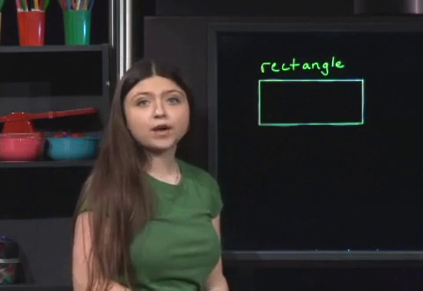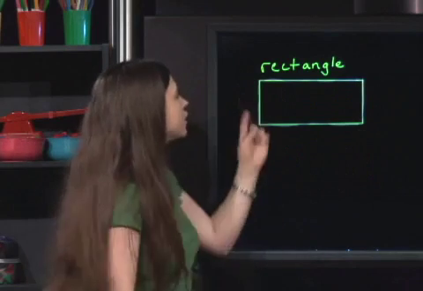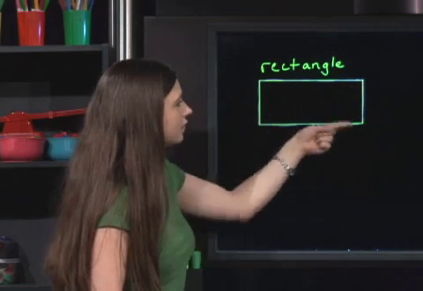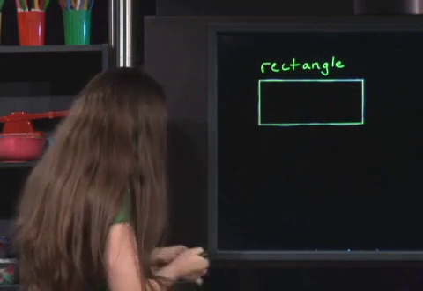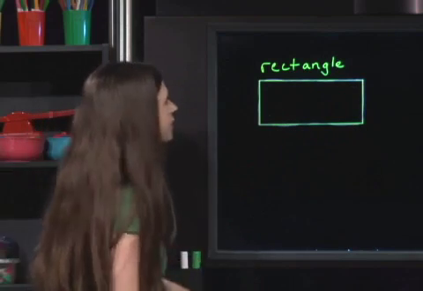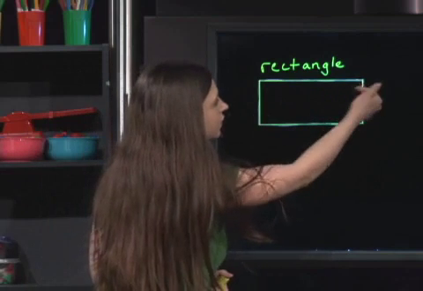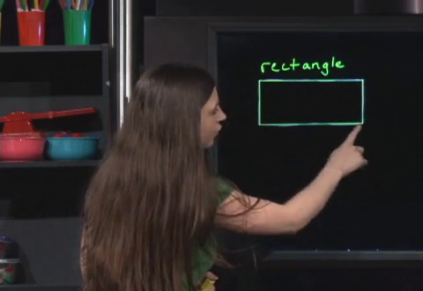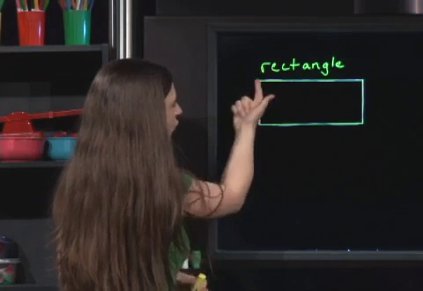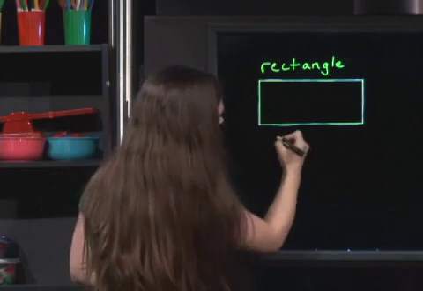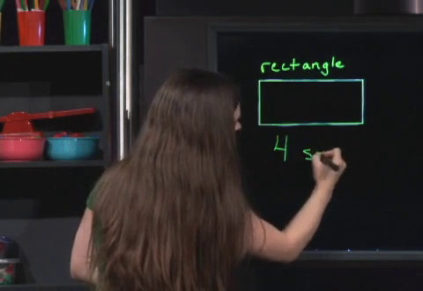So if we want to know how many sides there are, then we can just count each side. So let's count them. 1, 2, 3, 4. A rectangle has 4 sides.